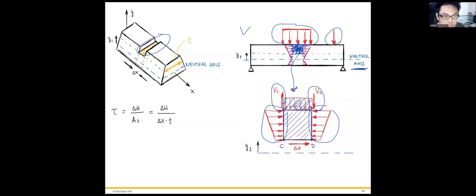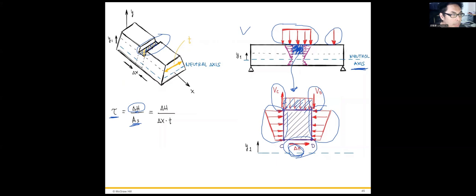If we write the force equilibrium equation, we still need a shear to balance this element, delta H. We can define this shear as the transverse shear stress, which equals the shear force divided by the shear area right here.